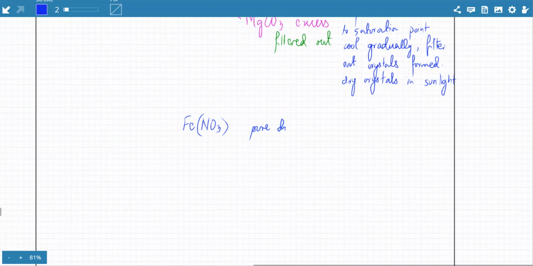So you're supposed to make pure dry crystals of this thing. First thing is make the equation. There are 3-4 reactions that you could use. Make all 3-4 reactions, okay, balanced.